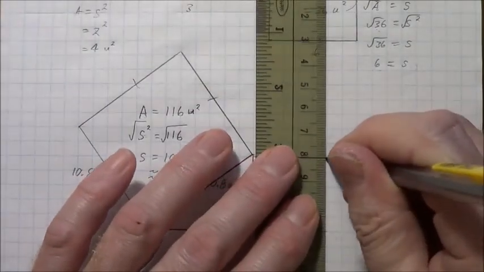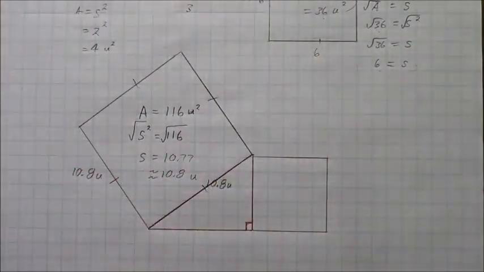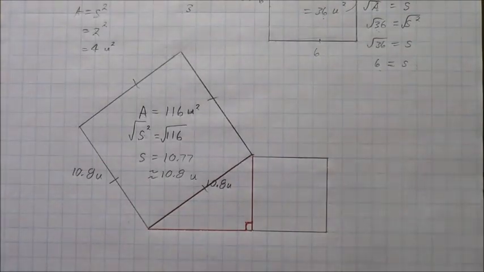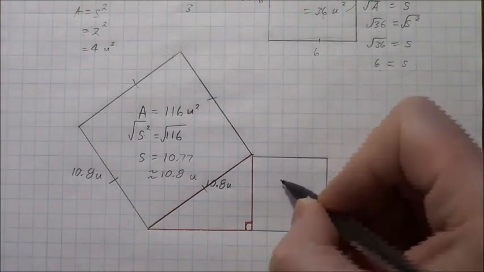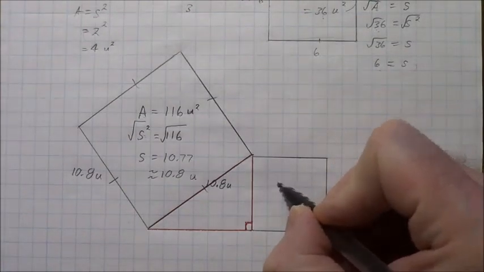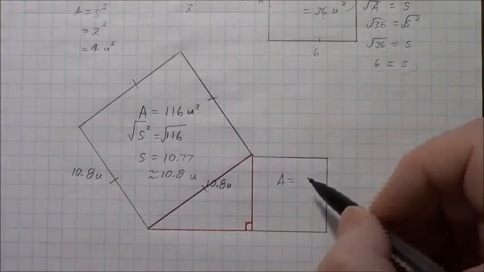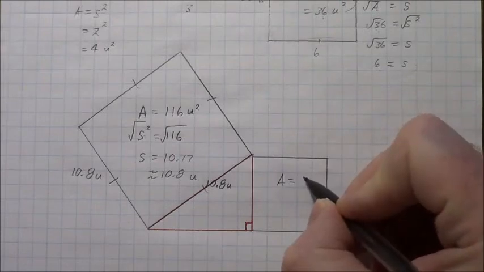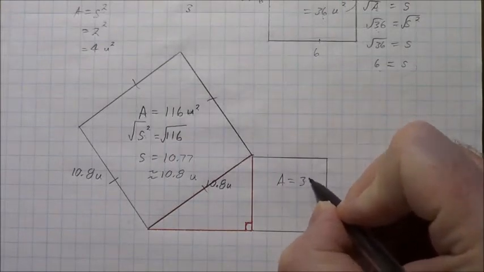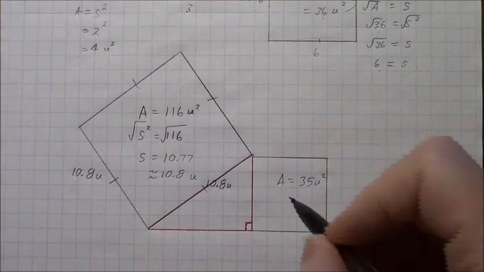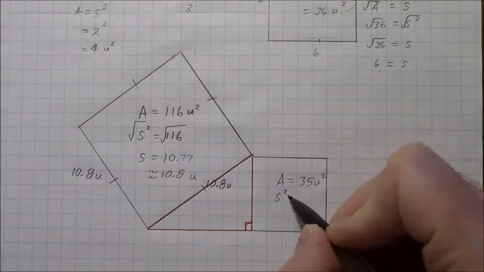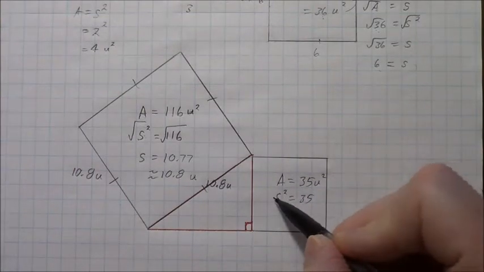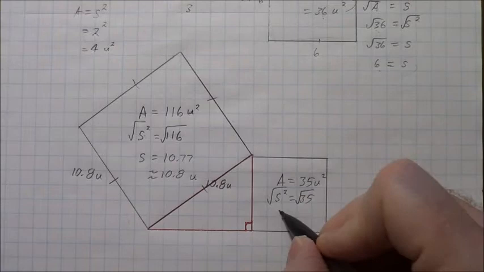But let's say now that we have another square here, and let's say that this square had an area of, I don't know what might be reasonable, let's say 36, no, let's say 35 square units. So the side length, or the side squared, is 35 because that's the formula for area. And of course then we take the square root of that.